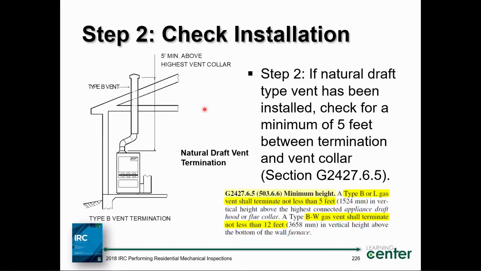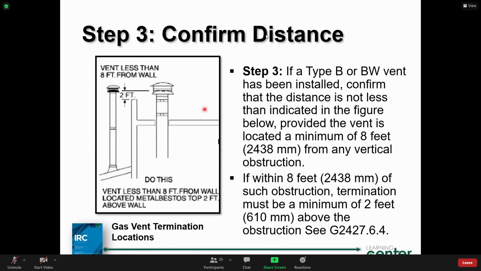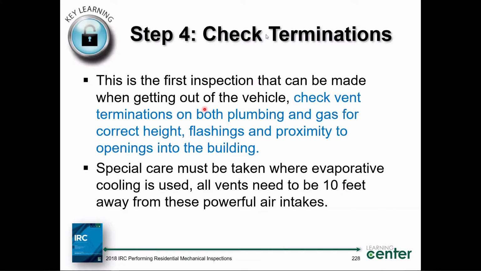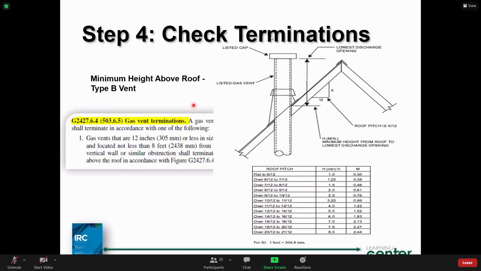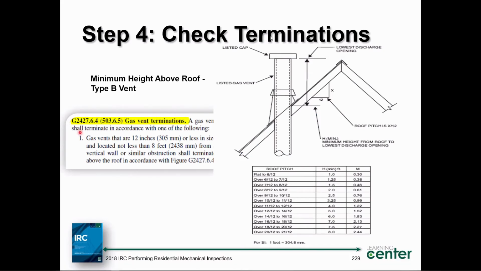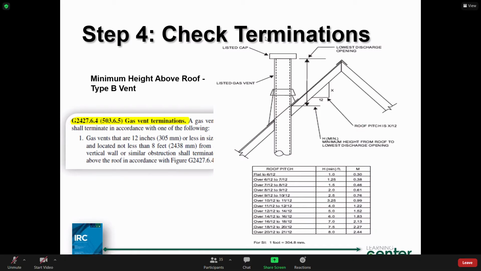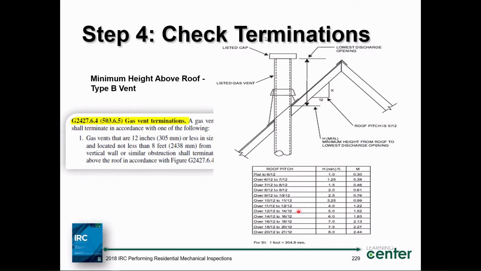Let's talk about some terminations here. Checking the terminations. Hey, we already saw that, didn't we? That table right there, that figure. Again, we're still talking about gas venting, so it's fitting to bring this up. Here's your section 2427.6.4, and it tells us that we could use this particular figure for pipe sizes that are 12 inches or less in diameter.